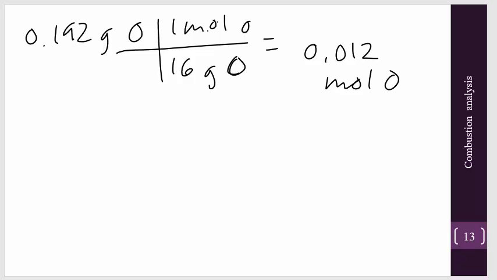Okay, so now to determine the empirical formula, we need the number of moles of everything. So we have this: moles of carbon, moles of hydrogen, and now moles of oxygen.